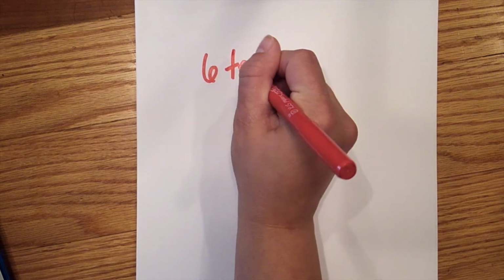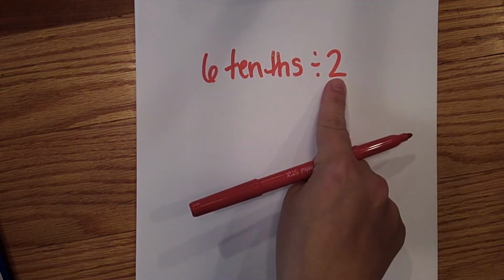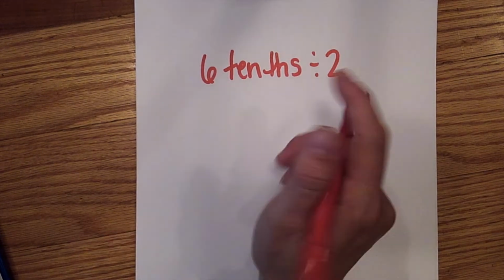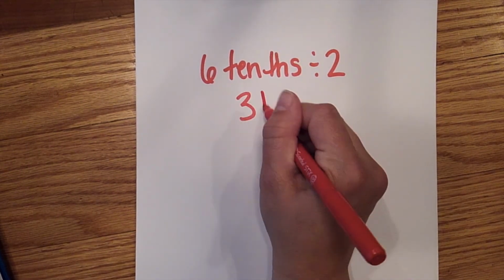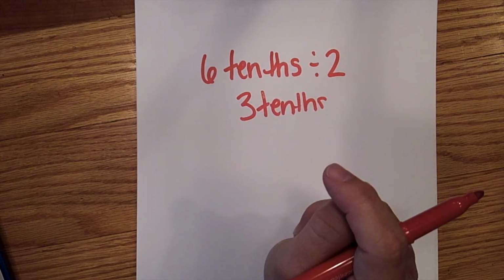All right, guys, you can play a call and response game at home. You can say a division expression, and your student is going to give you the answer in unit form. So you may say 6/10 divided by 2. Well, it takes 3 groups of 2, so they're going to respond with 3/10, because in this case, the 10th is just the unit.